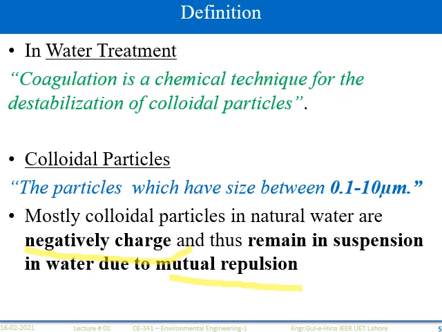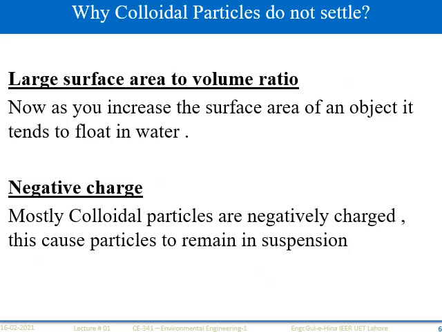So in order to deal with the colloidal particles, we have to do two things. The first one is to destabilize the particles by neutralizing the negative charge. Second one, to increase the size of the particles, so that they are allowed to settle down.